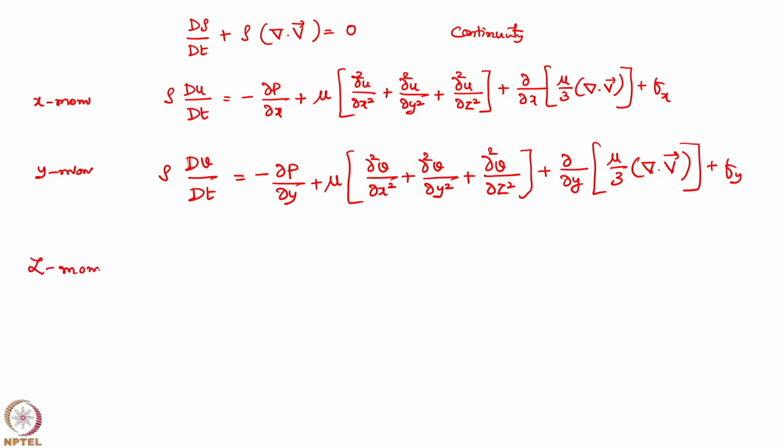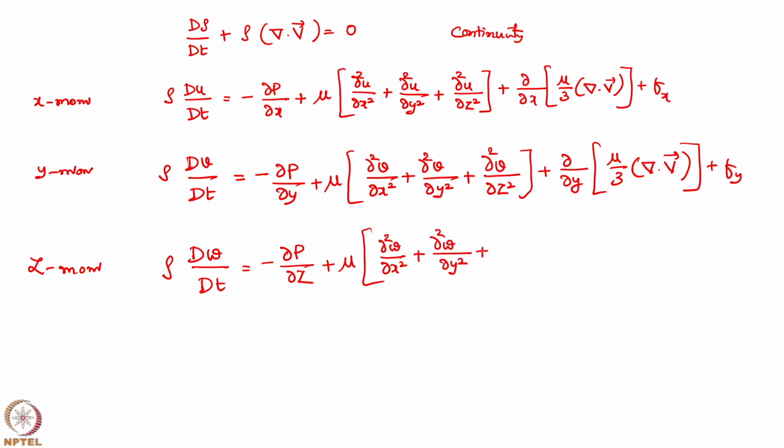Similarly, the z momentum equation is rho dw by dt is equal to minus dou p by dou z plus mu into dou squared w by dou x squared plus dou squared w by dou y squared plus dou squared w by dou z squared plus dou by dou z of mu by 3 del dot v plus fz.